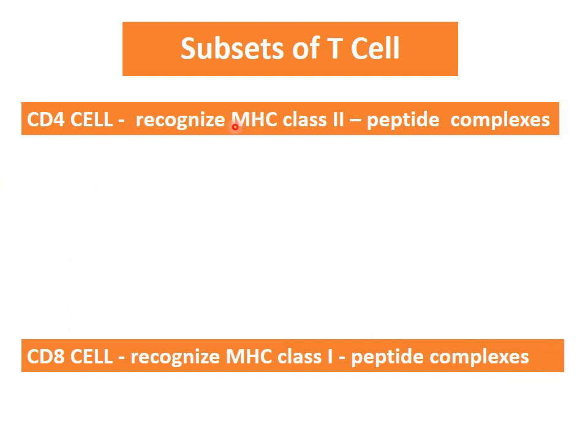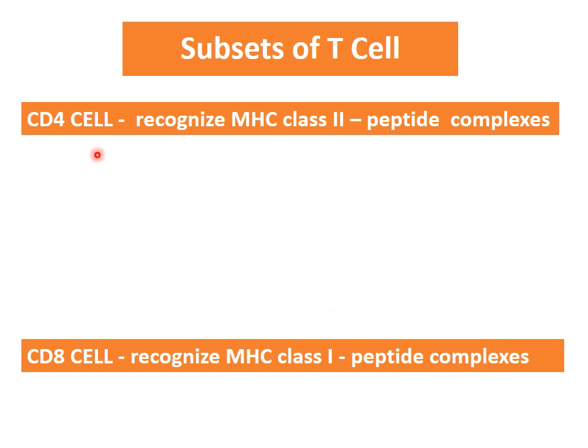So there is a difference in recognition of the MHC class by CD4 and CD8 cells. I repeat, CD4 cell recognizes the MHC class 2 peptide complex on APC, whereas CD8 T cell recognizes the MHC class 1 peptide complex on the APC.